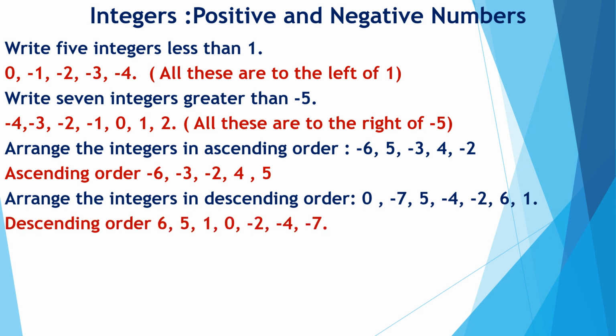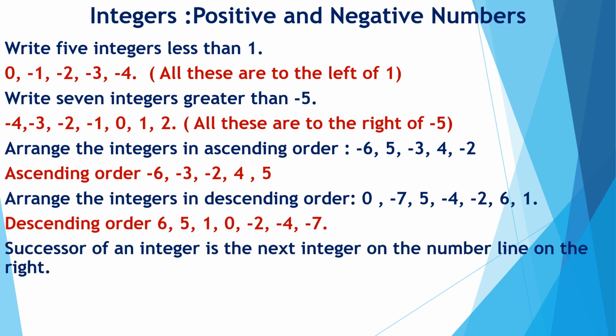Descending order will be 6, 5, 1, 0, minus 2, minus 4, minus 7. Minus 7 is the smallest integer in all these integers and 6 is the greatest integer.